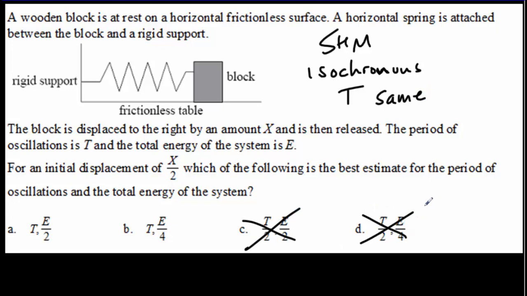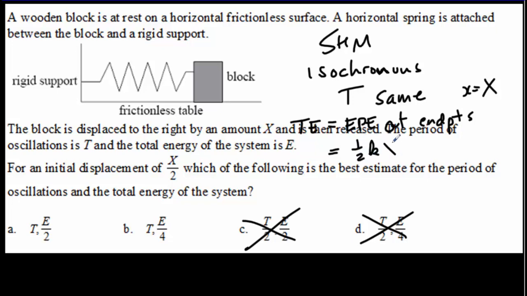So now let's look at the energy. The total energy is going to be equal to the elastic potential energy, the potential energy at the endpoints. And of course, at the endpoints, our displacement is equal to this capital X. So our elastic potential energy would be given by 1/2 times the spring constant times this capital X squared.